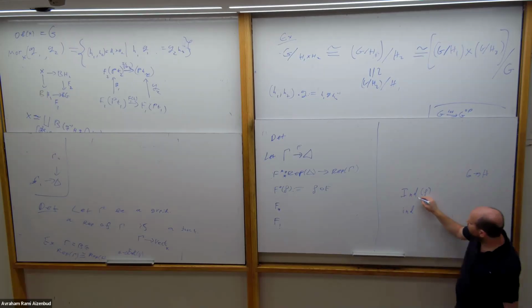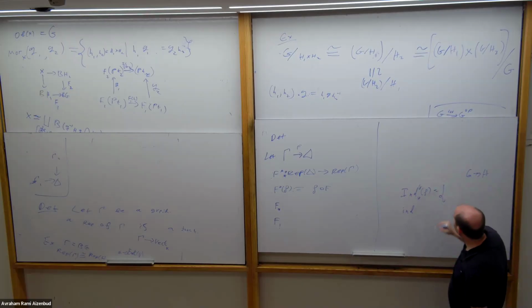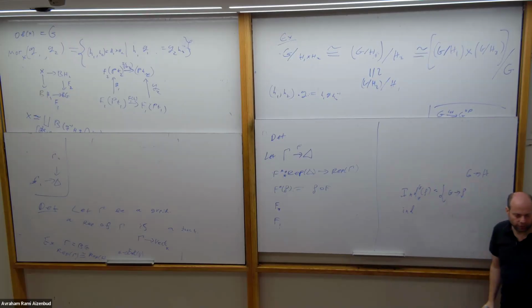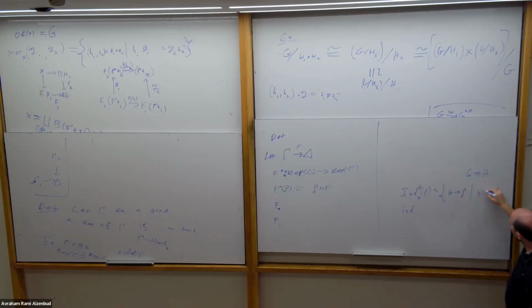Induction of O from subgroup H to G is the collection of all, say, functions from G to O, which we consider as a vector space, such that F of G times H equals H, probably with inverse, acting on F of G. So this is when we act from the left.